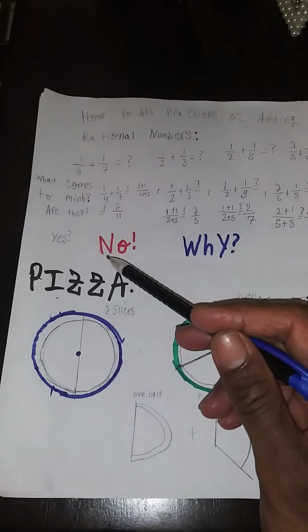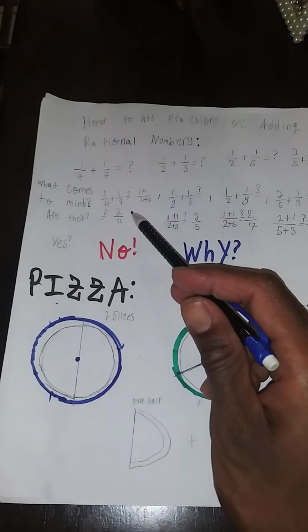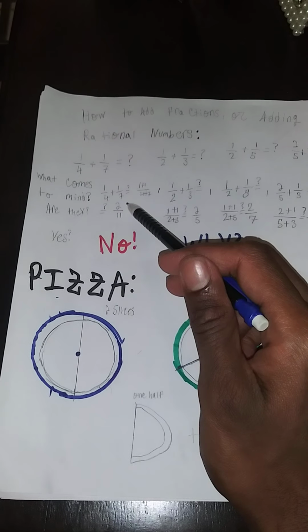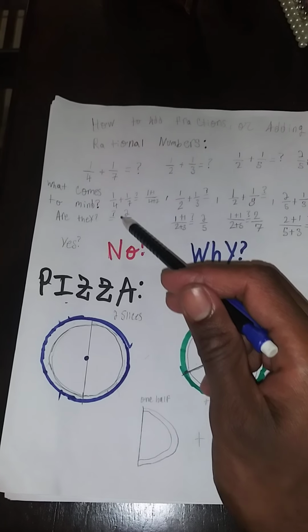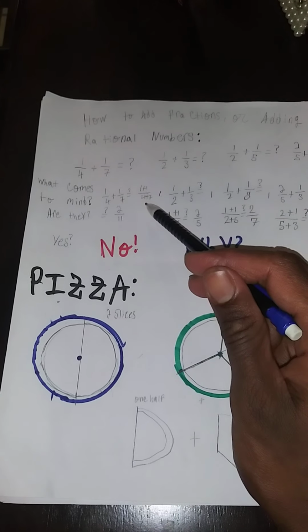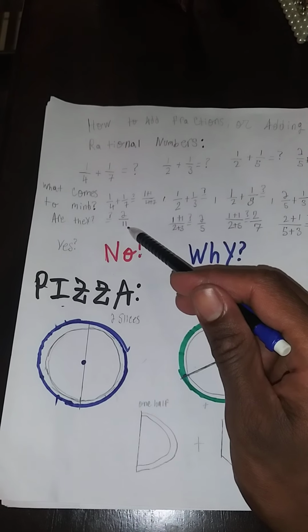One common thing that might come to your mind is just to add the tops and the bottoms. So you're adding the numerators and the denominators. You could say that 1/4 plus 1/7 is just 1 plus 1 over 4 plus 7, which gets you 2 over 11.